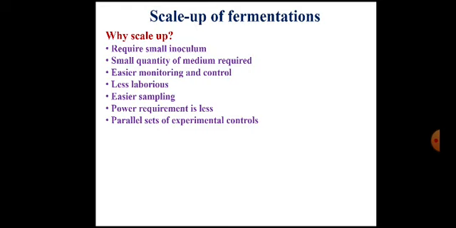The reason is it requires a small inoculum. If the parameters are to be studied at small scale, obviously it will require a very small number of industrial strains. So that is very important.